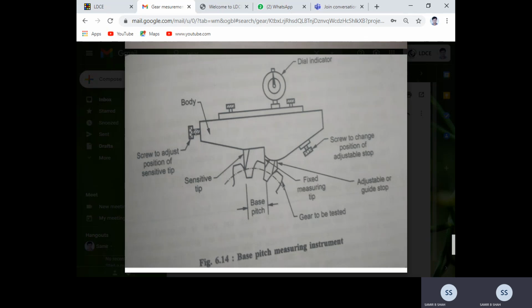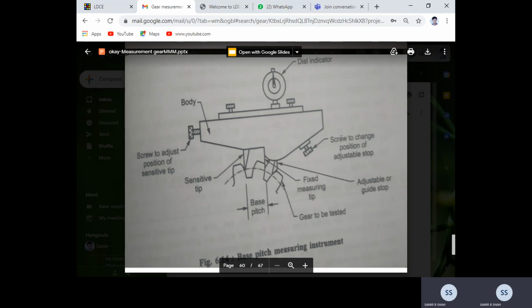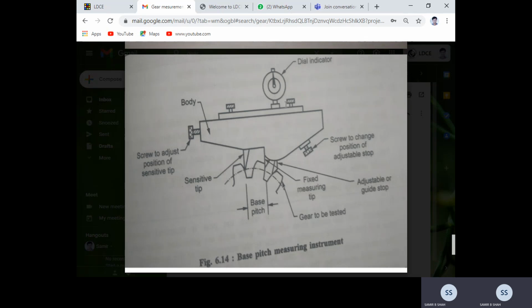Its movement is transmitted through a leverage system to the dial indicator. The guide tip is given by supplementary adjustment, which maintains the stability of the instrument. What is a guide tip? It may be adjusted with the help of one screw and maintains the stability of the instrument. The distance between the fixed and sensitive tip is set equivalent to the base pitch of the gear with the help of sleeve gauges.